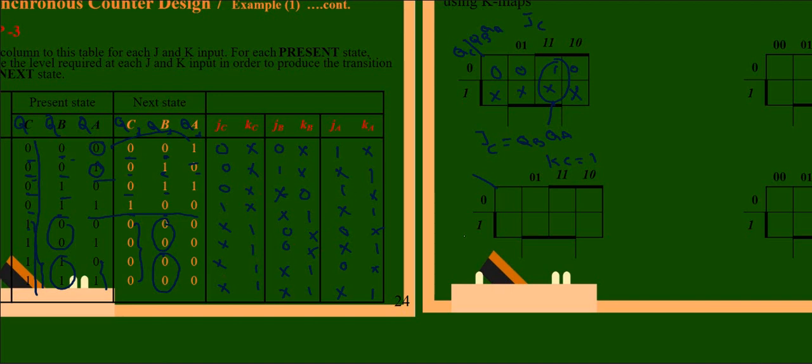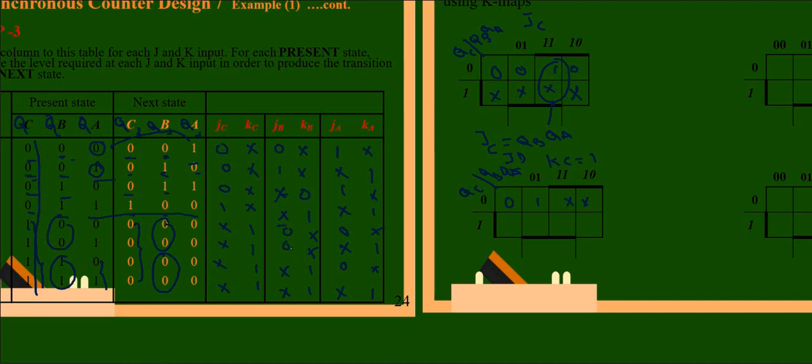Now we can move on to the next part, JB. When you are going for JB, similarly we write this as QC and here we take QB and QA. When you are talking about JB, JB is 0 1 don't care, so 0 1 don't care and don't care. This is the first portion.